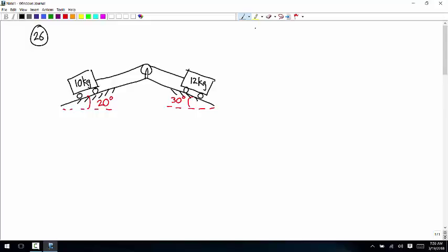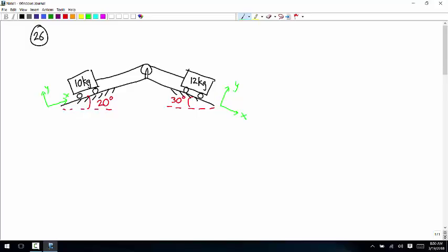Okay, yes? Right, so we'll use a coordinate system like this for the 10 and one like this for the 12. I think the best way to make that make sense is, how do you know whether you need the same coordinate system or a different one?